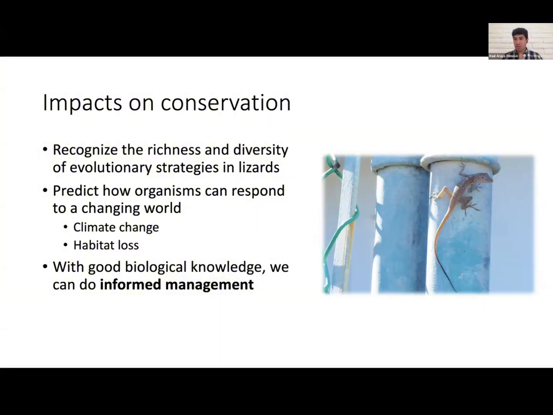Like we were just talking in the panel, what can we do? We can maybe have a backyard that will sustain the lizard populations better, instead of just destroying my backyard and not letting any lizards live there. We can propose strategies that will help them survive and thrive, even though the environment is changing.